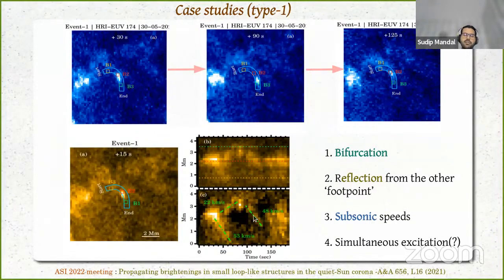If you see the speeds of these features, they are subsonic. The sonic speed for a million Kelvin plasma is about 150 kilometers per second, and these are really tiny, 20 or 50 odd kilometers per second. There's another exciting feature called simultaneous excitation.